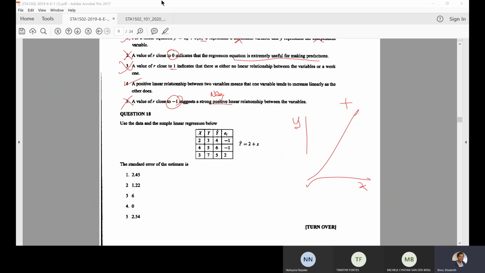It's going to take us longer to calculate, so I'm trying to look for a simpler formula for you to use. Alternatively, we can use 1 minus r squared times n minus 1, over n minus 2.